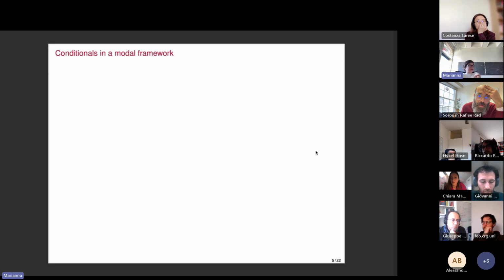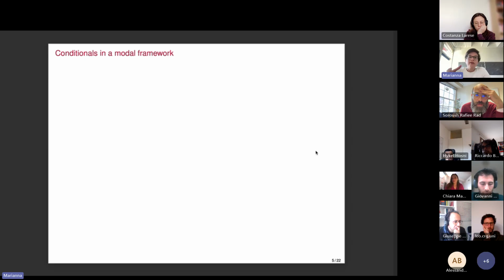And this is maybe the most important thing that I hope you will remember from the talk. So in this approach, what are conditionals? Well, they are a kind of modal operator, and so they behave like modal operators. So even when we look at the proof theory, we are going to look at the proof theory of modal logics.